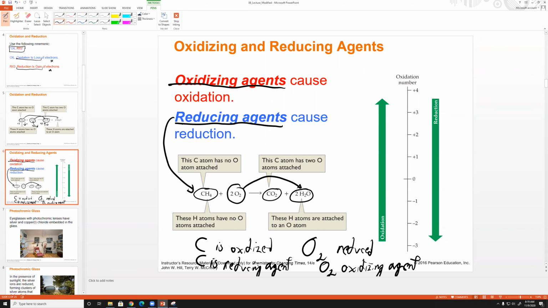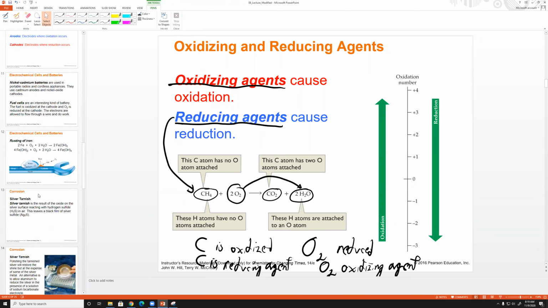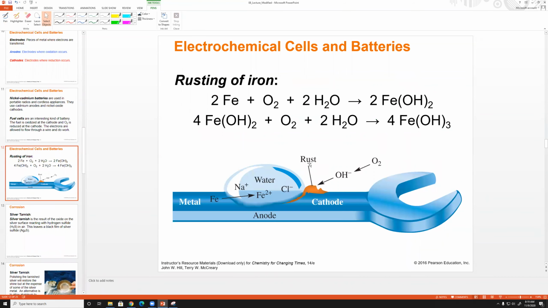So let's do another example. Let's look at an equation for rusting. So here's rusting. The way it occurs is you have something iron, and it's exposed to the elements. Let's say when you're little, you had your bike, it's outside, and eventually it starts to rust. Why does that happen?